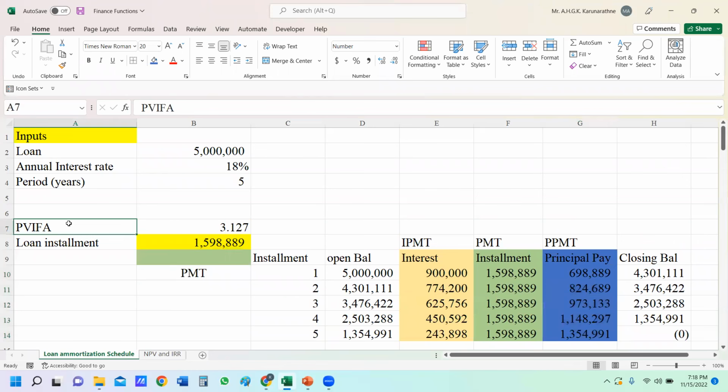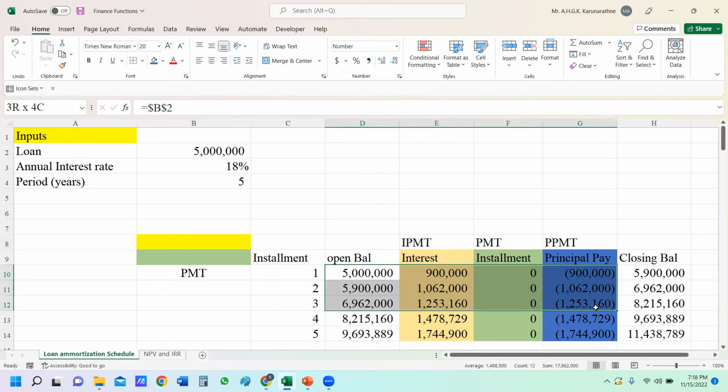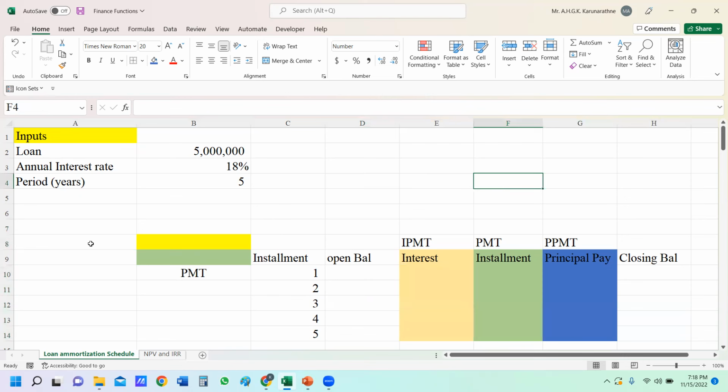So we will remove this. Okay. Right. Then the first task is how to compute the installment.